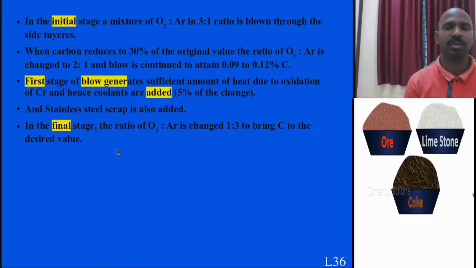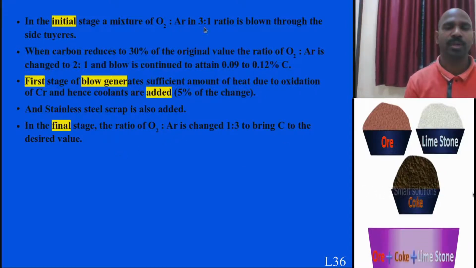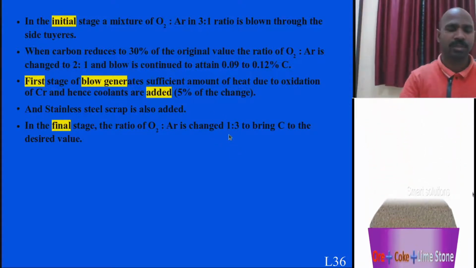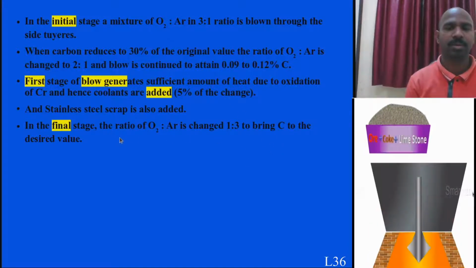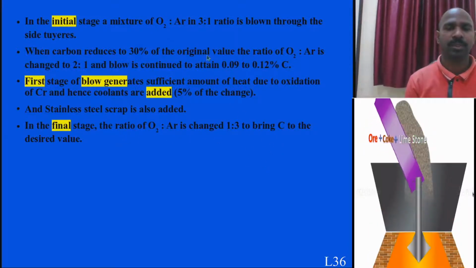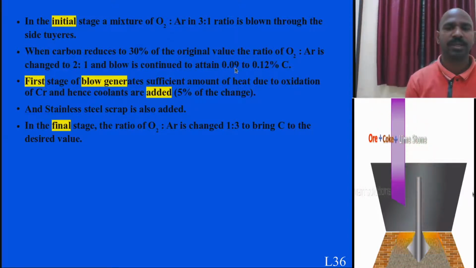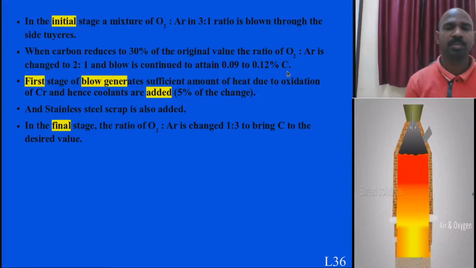And in the final stage, oxygen argon is maintained in the reverse ratio, 1:3. It is mainly done to reduce the carbon to a very low level before it goes to the VOD vessel. This much amount is reduced in the AOD vessel.